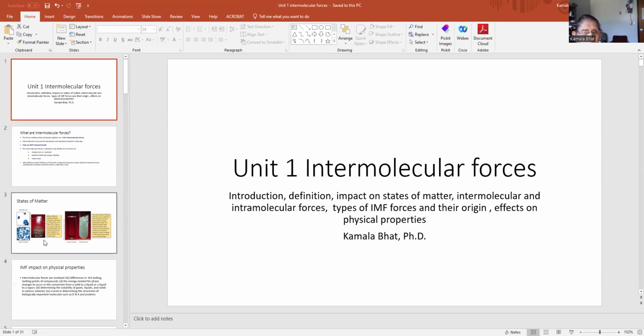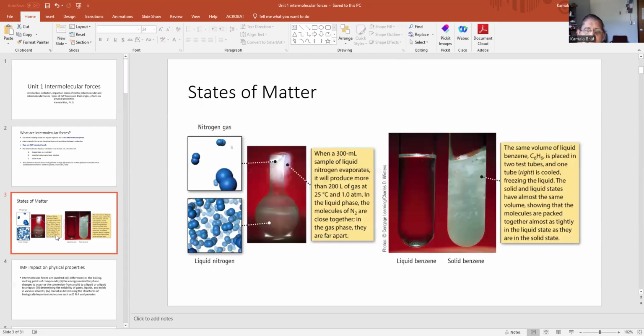Then we will go on to the second and third units and complete this chapter.